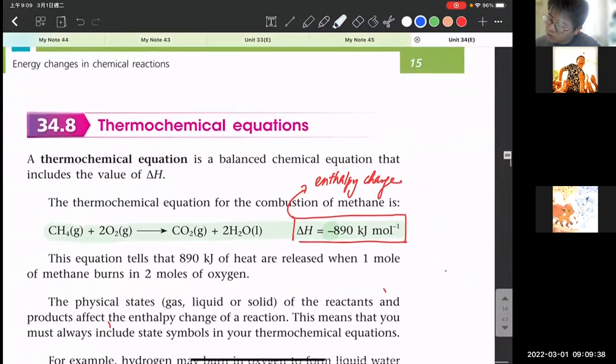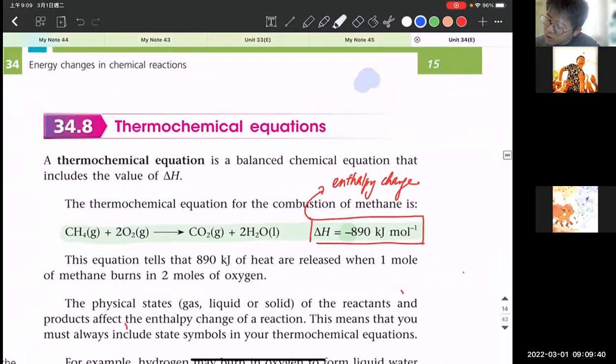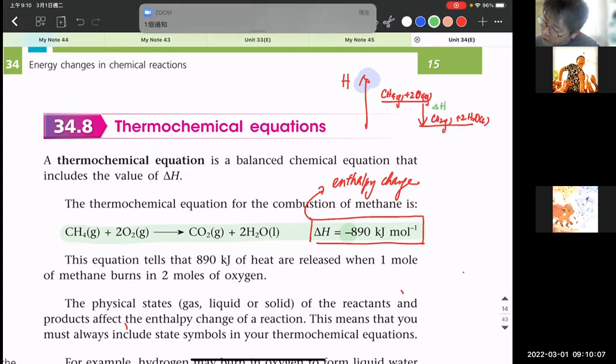So in pictorial representation, you've got the enthalpy level, and we usually use the abbreviation H to denote it. While you have got these two, we have CH4 gas and 2 O2 gas forming CO2 gas plus 2 H2O, with the enthalpy change being minus 890 kilojoule per mole.